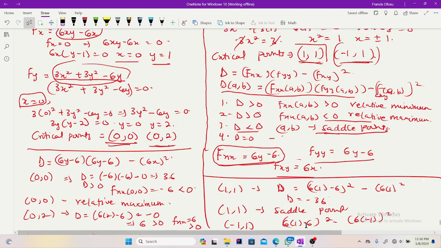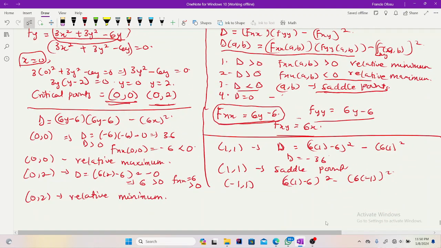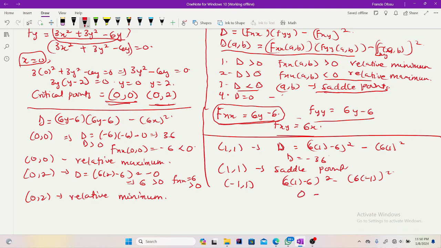So obviously, you have this place to be 0, minus 36. So our d is still negative, and for that reason, the point (negative 1, 1) is also a saddle point.